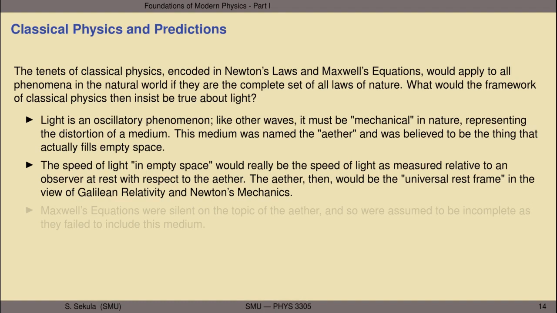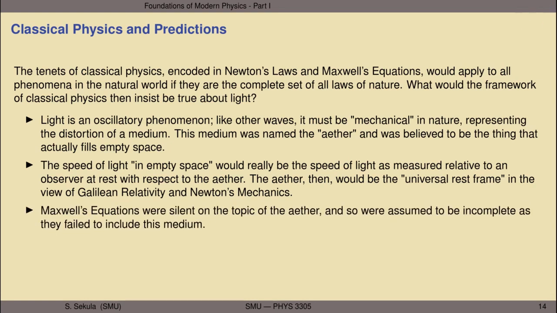It's a big number, okay? But this would then make ether the universal rest frame. That is the frame that you could define to always and absolutely be at rest, and then everything else is in motion relative to it. That would be awesome. The Galilean relativistic and Newtonian mechanical view of the universe would have allowed something like this to exist.